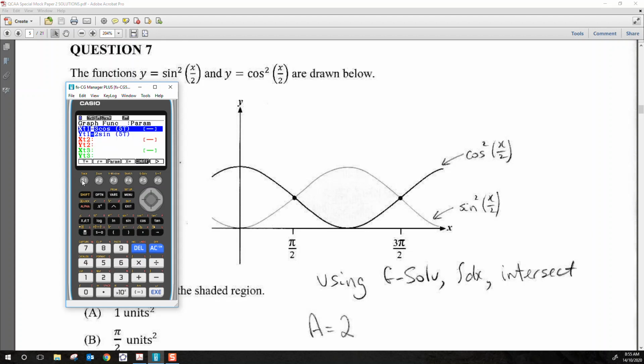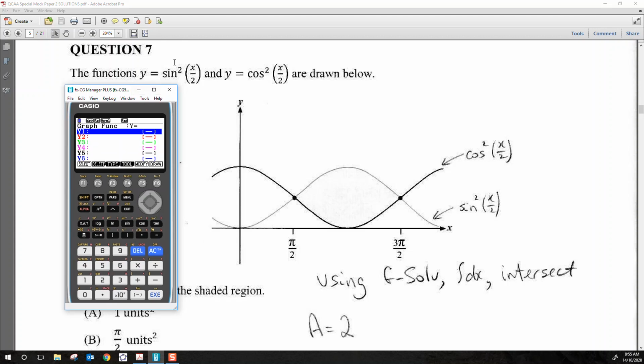I'll change my equation back to that type, and I'll delete my parametric equation. Now I'll enter sine squared x over 2, and just to be on the safe side, I'll put brackets around sine of x over 2 before I apply the squared.